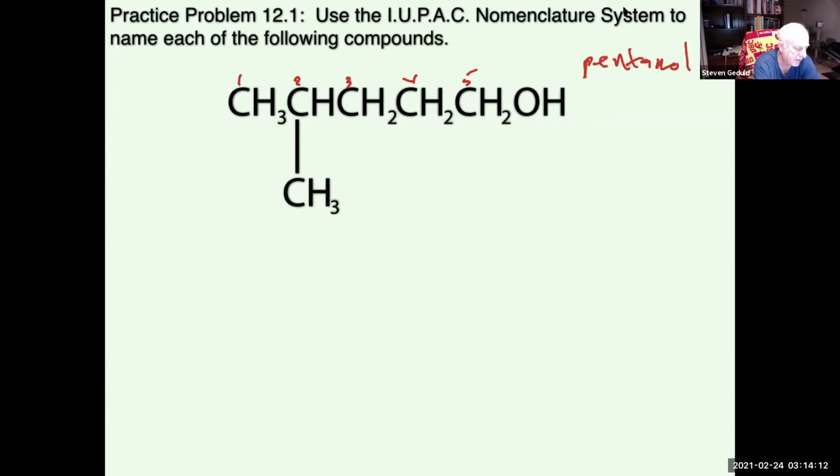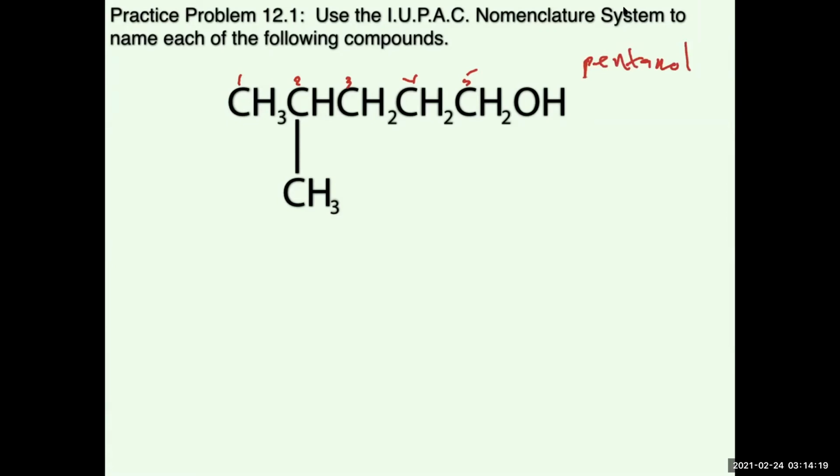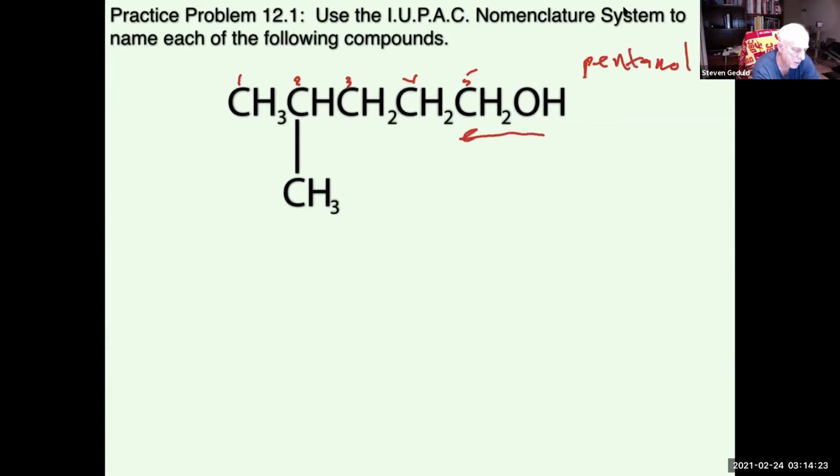So are we going to count left to right or right to left? Right to left. So this is going to be number 1, 2, 3, 4, and 5, because the OH has to have the lowest possible number. And we have a substituent group at number 4.